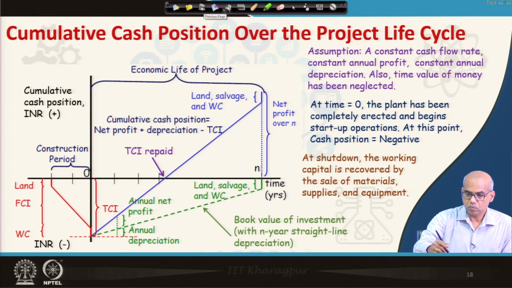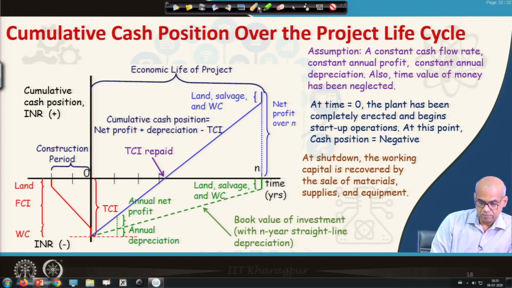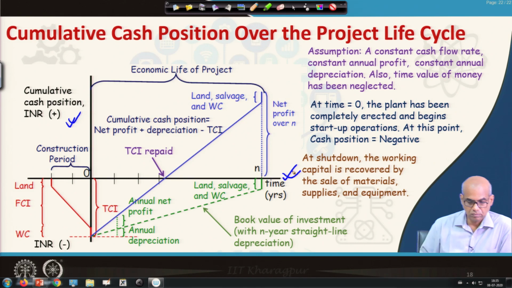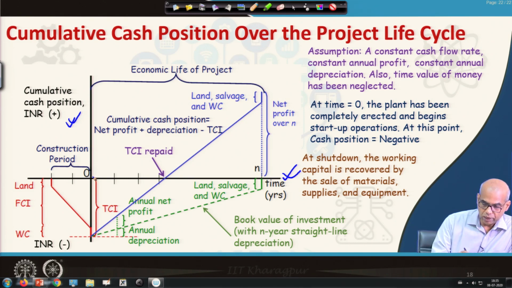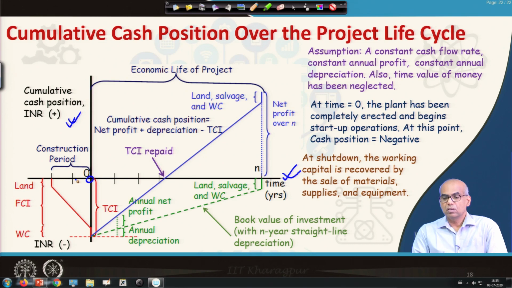Now, if you look at this figure, this is the axis for cumulative cash position and this is the time axis. This is the 0 time. So, at time 0, your plant has been completely constructed and erected and it begins startup operations.